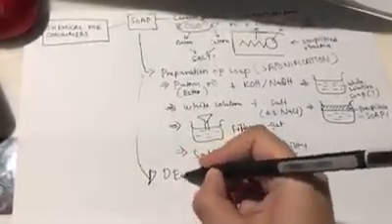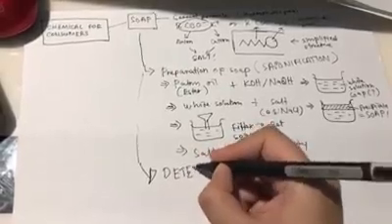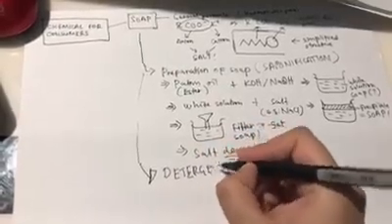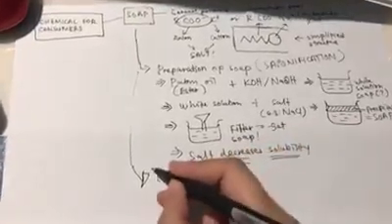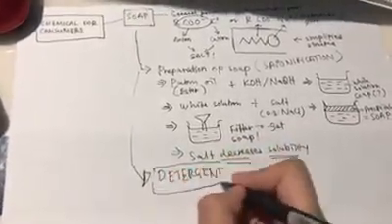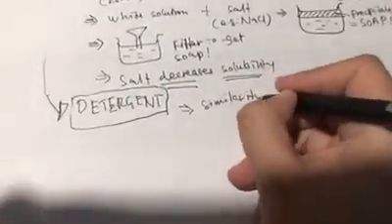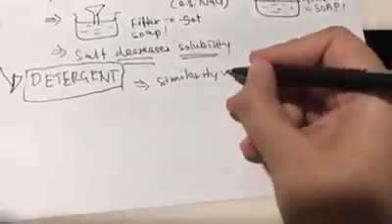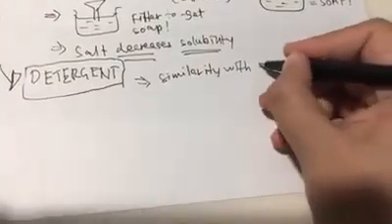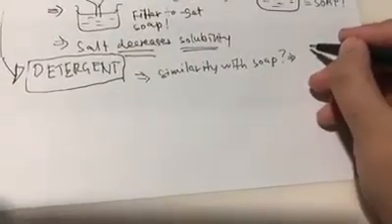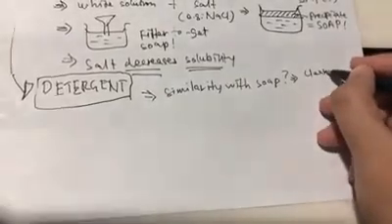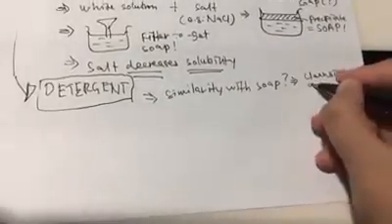So let's look into the next thing we need to learn about, which is detergent. What similarity does it have with a soap? Well, they are both a cleansing agent.